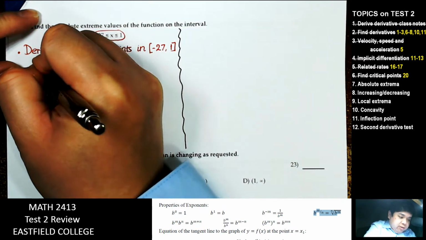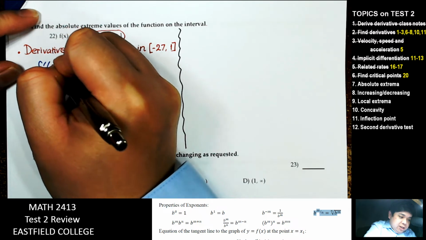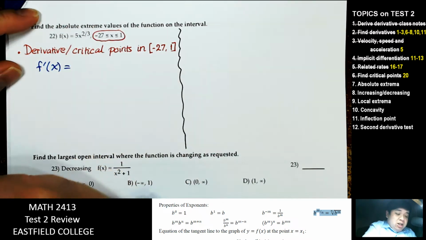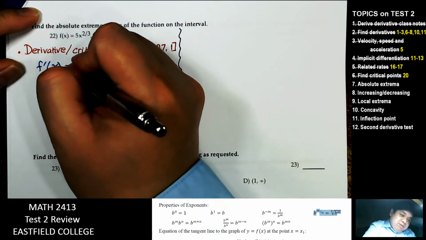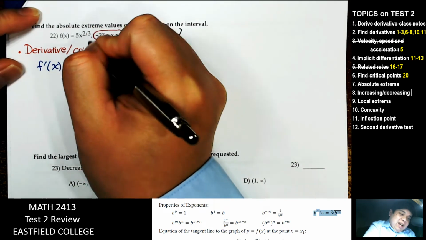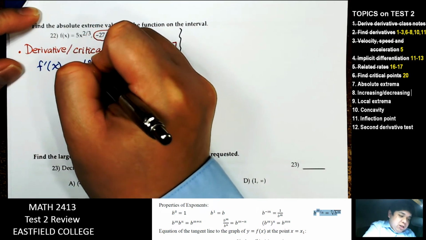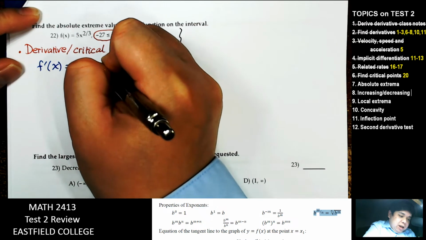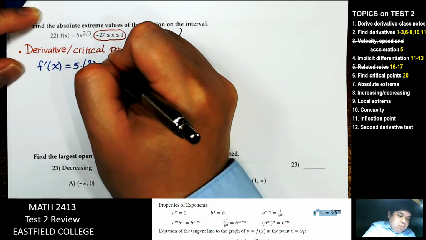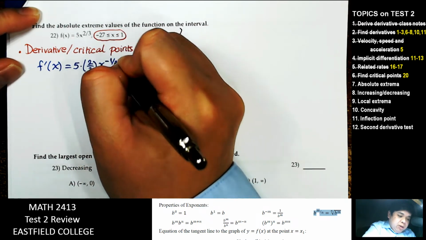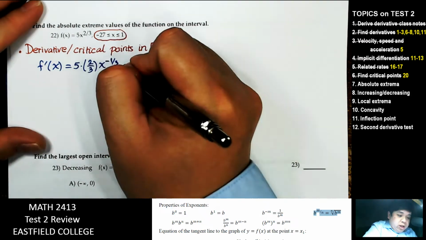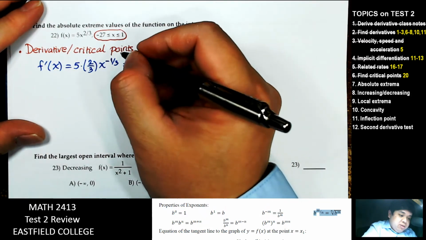So we take the derivative, and after that we find the critical points in that interval. So the derivative, actually this one is a lot easier than the other. Sorry. Derivative, we have 2/3, x to the 2/3 minus 1 is minus 1/3. Negative exponent, so we need to have a fraction.